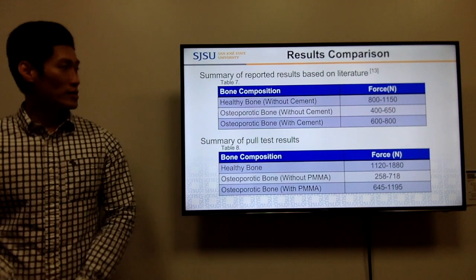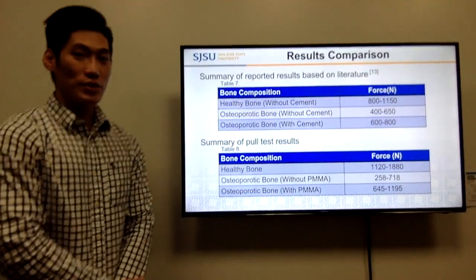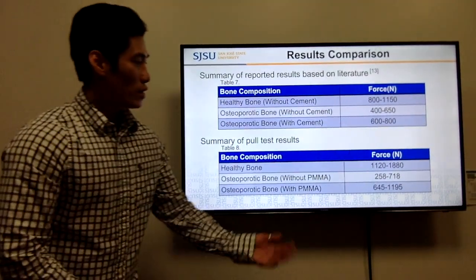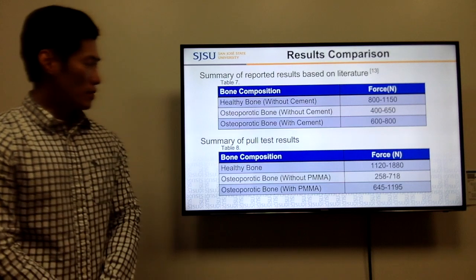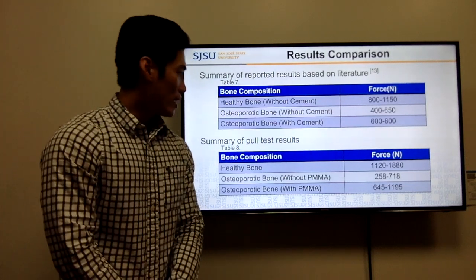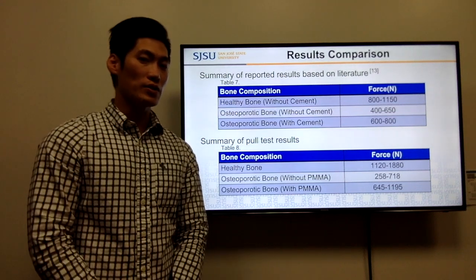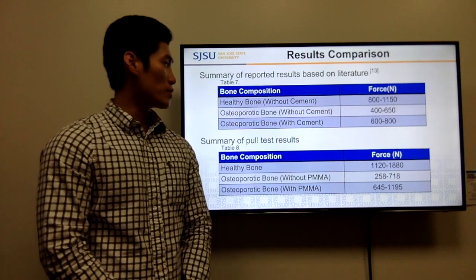So after conducting the experiment, we have a table compared to the literature with respective values. So 3 types of bones. Our results: the healthy bones go from 1120 Newton to 1880 Newton compared to 800 to 1150 Newton from the literature.